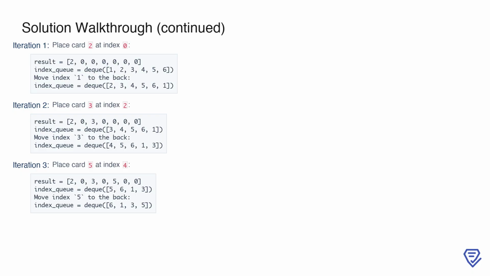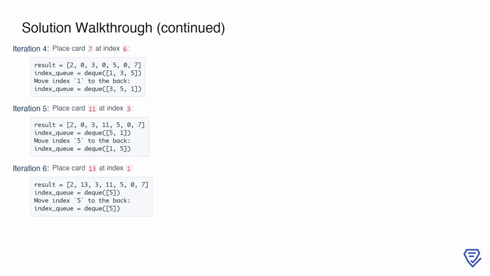Afterward, index_q updates to deque 5, 6, 1, 3, and index 5 is moved to the back, making index_q deque 6, 1, 3, 5. The process continues with card 7, which is placed at index 6, updating the result array to 2, 0, 3, 0, 5, 0, 7.